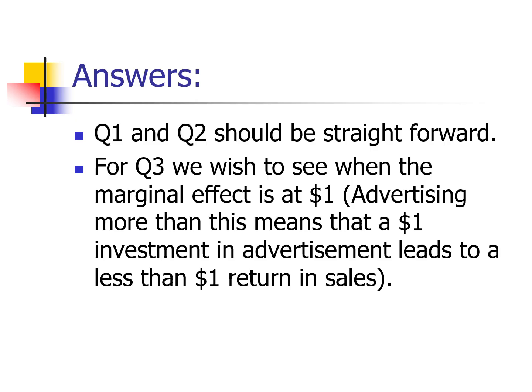So we just basically want to solve for the marginal effect at x equals 500 and x equals 2000. What's the derivative at these two values, 500 and 2000? The third question, does this make sense? We basically want to solve for when the marginal effect is at $1, right?